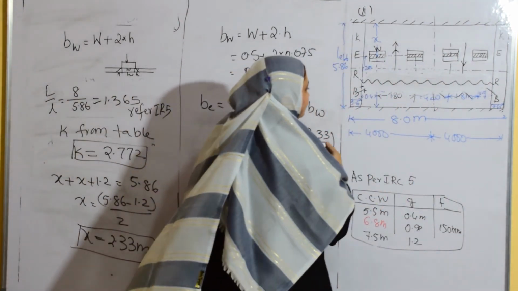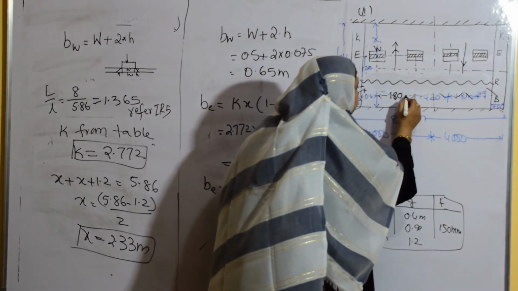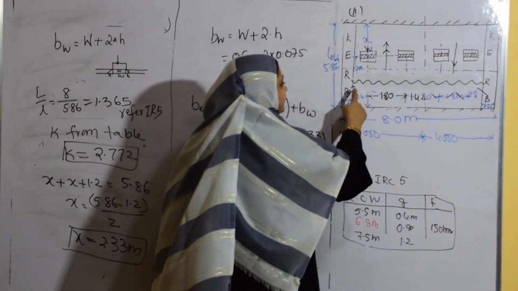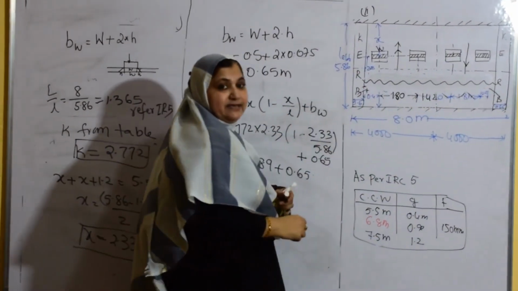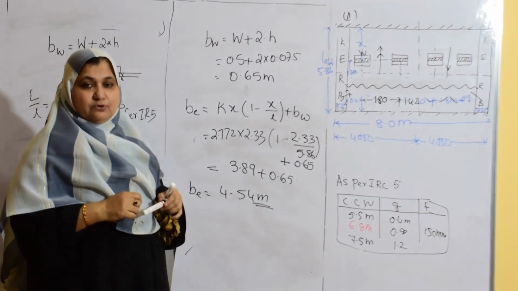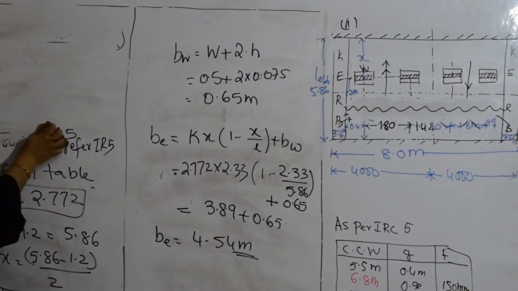From this workout, what I have done, I should not have rubbed it. So from this we have to calculate. So this complete I have to take as the BW. Okay, so I have to calculate BW, which I am doing.